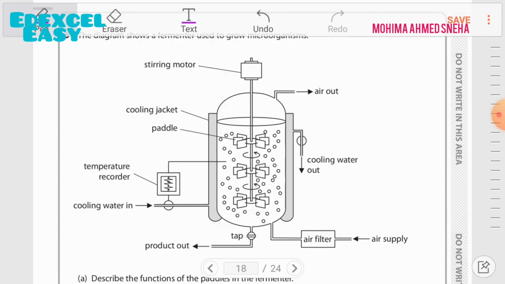If microorganisms from another source enter the fermenter, it will cause competition for oxygen and therefore competition for aerobic respiration, and the microorganisms that we are trying to produce will face competition and they might die. We do not want that, and that's why we filter the air.